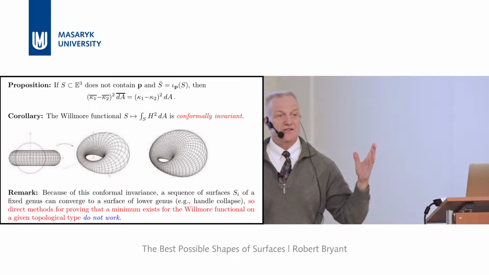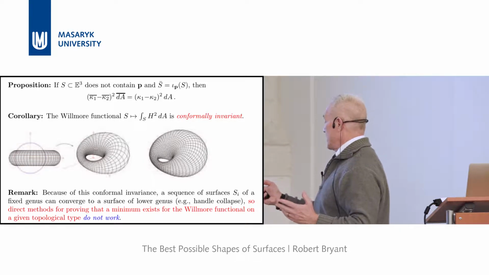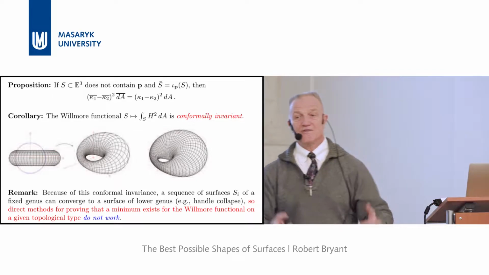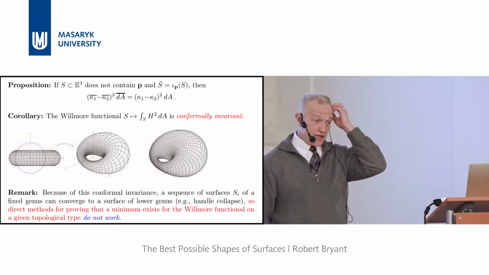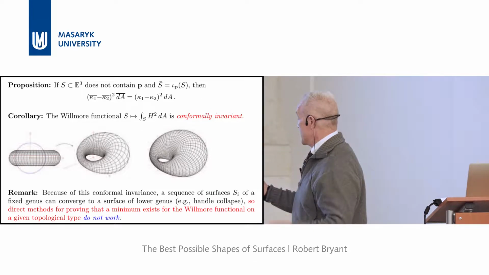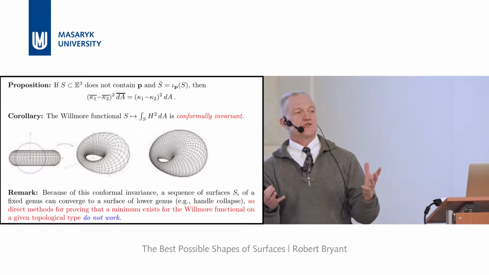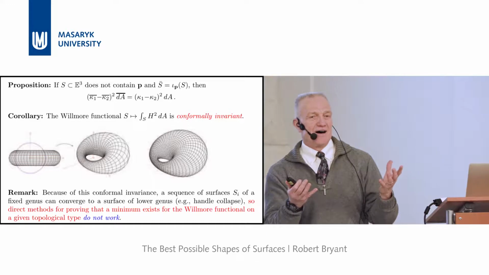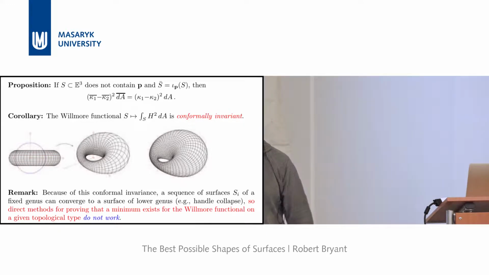That's the standard strategy. But that won't work in this case, because you can have a sequence of things like this that converges to a sphere, even though the integrals aren't converging. So this turns out to be a problem, and it's one of the reasons the Willmore function was so interesting: it has such a large symmetry group that the natural things to try don't work to produce a minimum.